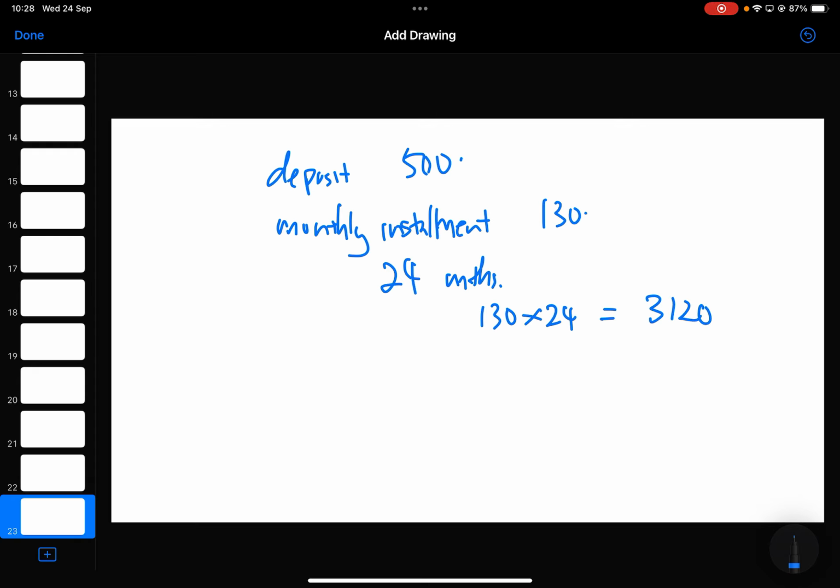Then I already paid the deposit, so in the end, the total cost is $3,620. Okay? So they may ask you in different ways, but you must know what the terms mean. Then you can go and work backwards also.